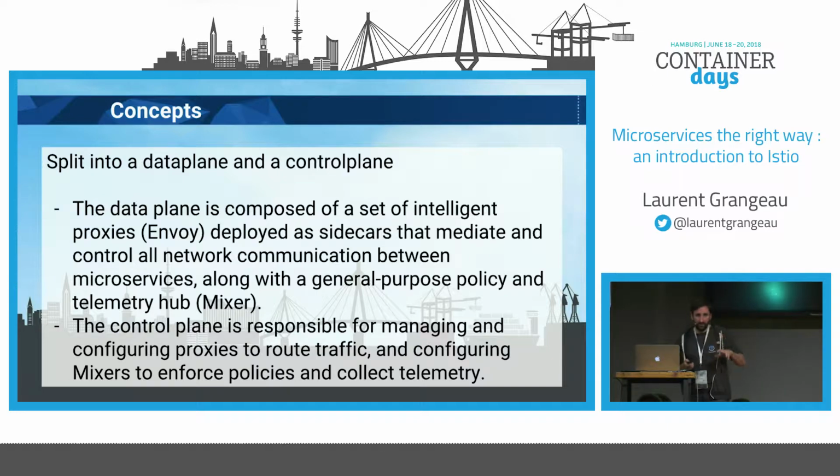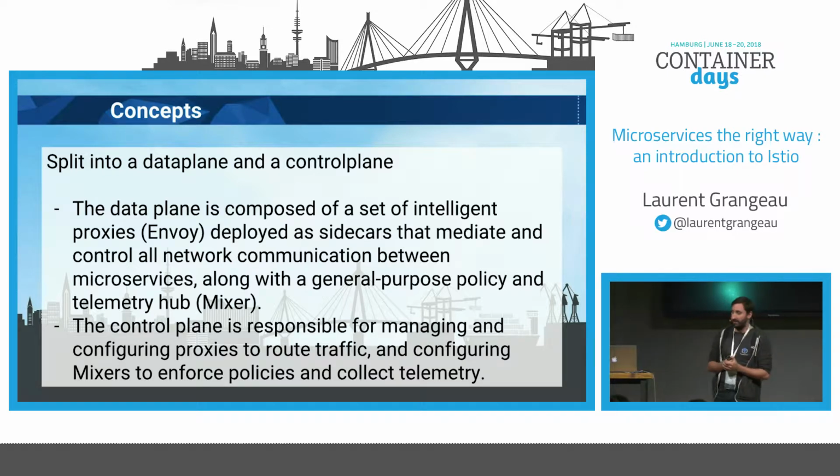The concept of Istio is to split into two different things. You have a data plane and a control plane. The data plane injects proxies at runtime, a sidecar of your pod. The proxy is Envoy. You can change it to linkerd.